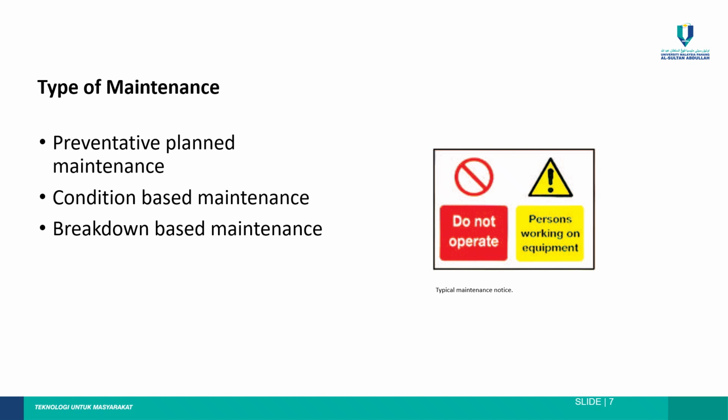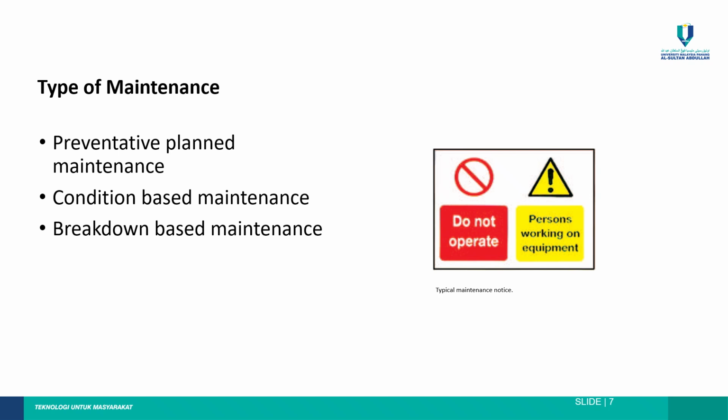So the other one is condition-based maintenance. This is different from preventive maintenance, whereby it depends on the frequency of your inspection. For example, if it is a daily inspection, you check it daily, and if based on your experience and competency you think that the equipment needs to undergo maintenance, then you just do it.